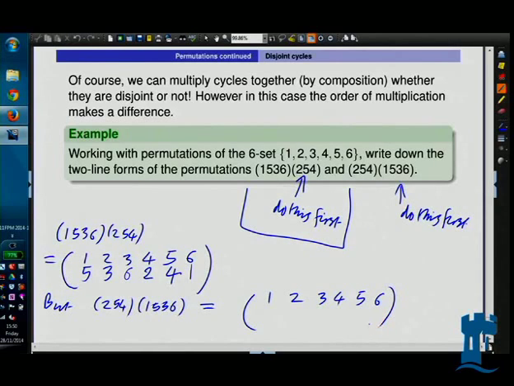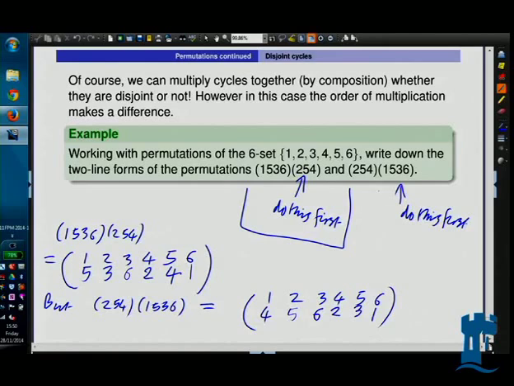To be faster, 1 goes to 5, which is then sent to 4. 2 doesn't move, but then gets sent to 5. 3 moves to 6, which then doesn't move. 4 stays where it is, but then gets moved back to 2. 5 does get moved to 3, which then stays put. And 6 gets sent back to 1, which then stays put.